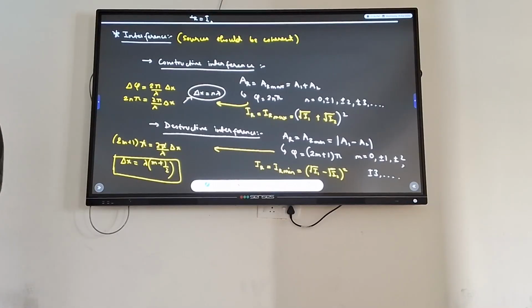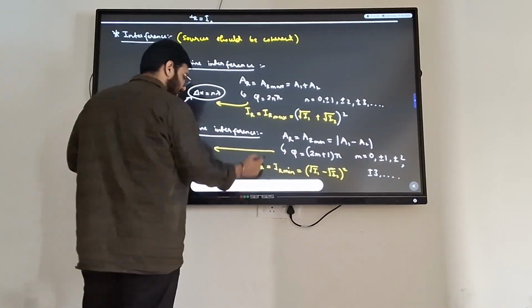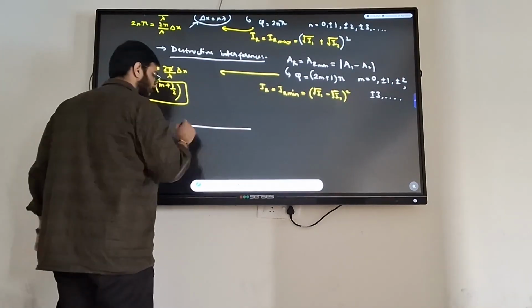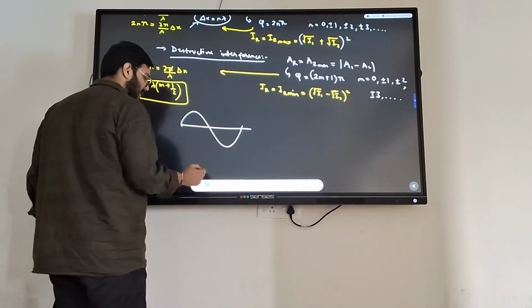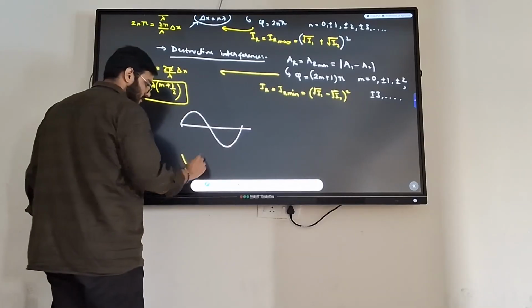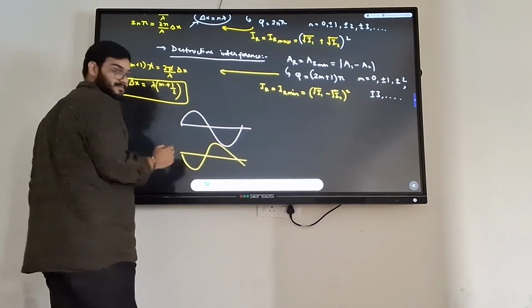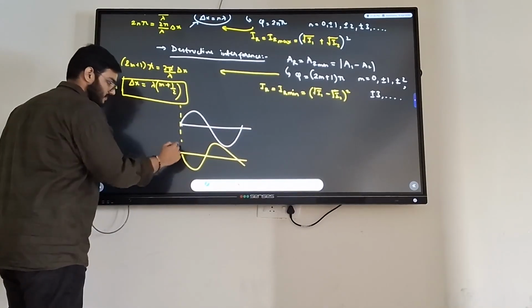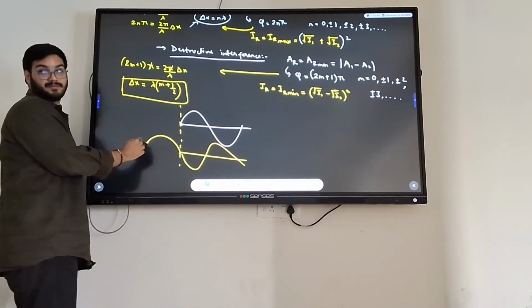Then can you try to imagine that if you have a wave which is starting from origin, one of the waves is either lagging by lambda by 2 or leading by lambda by 2. Can you try to visualize what is happening? One wave is like this, another wave is lagging by lambda by 2, so that means half of it is over here.